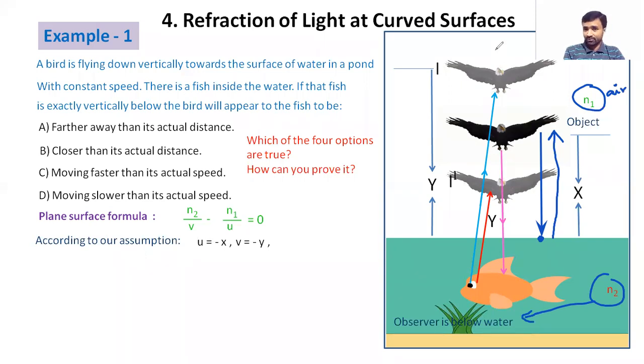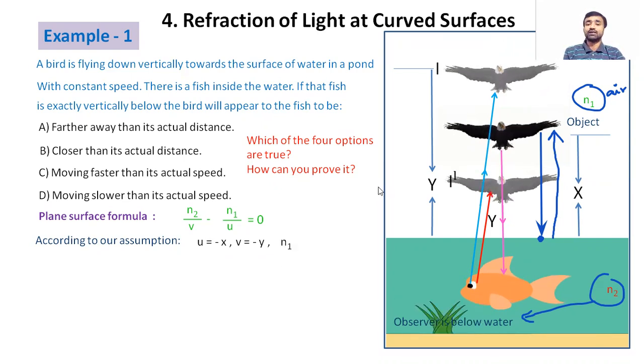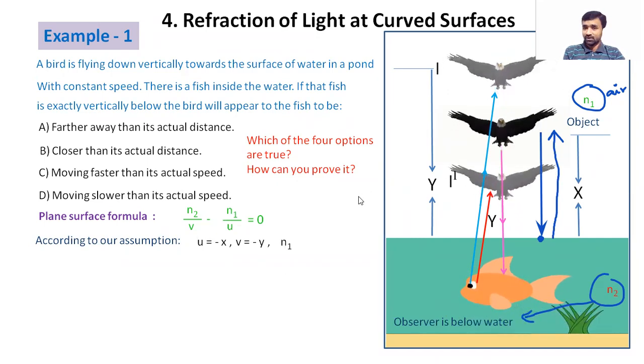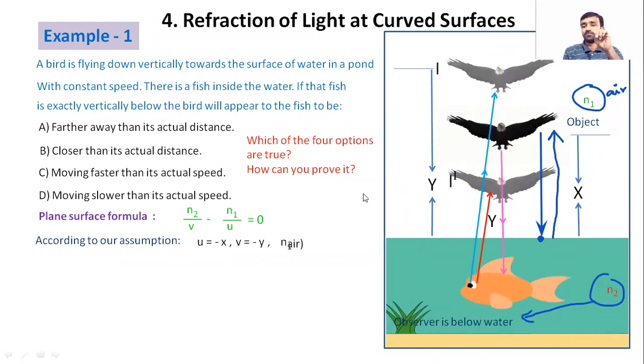So we have two different mediums. Which light is received by the fish? Refracted light or light directly from the bird? It receives refracted light, because light propagating from the rarer medium to the denser medium automatically refracts. Refractive index n1 of air we take as 1.